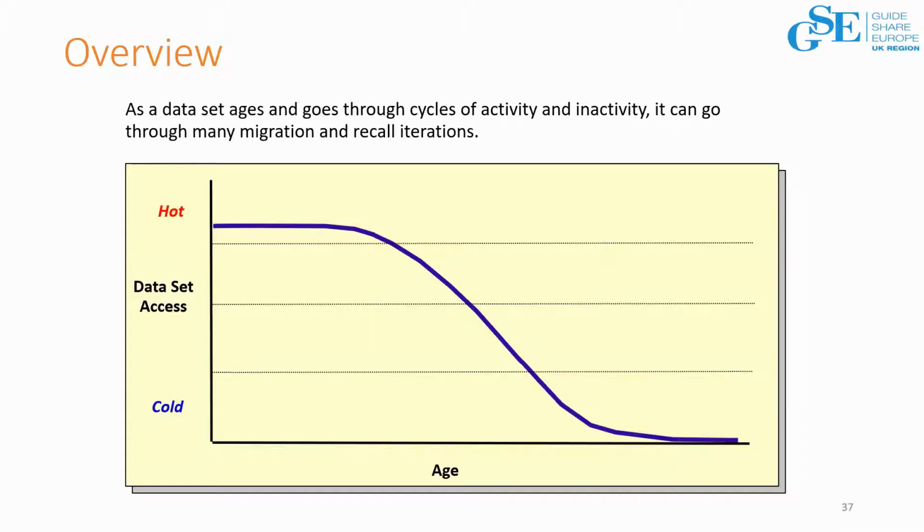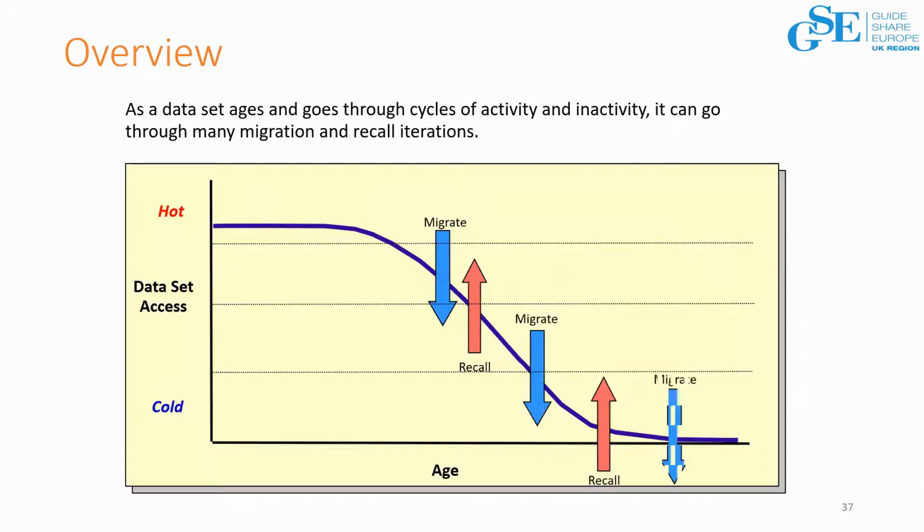But then as it ages, the frequency of access is diminishing. And then the data set during that time may go through multiple migration recall cycles before it's migrated for a final time. So obviously, all of this movement is incurring cost.